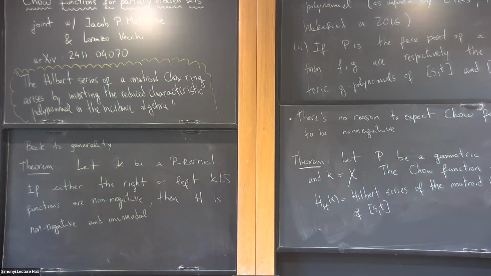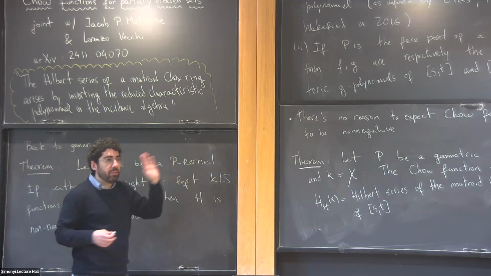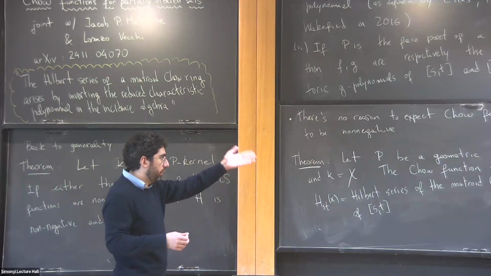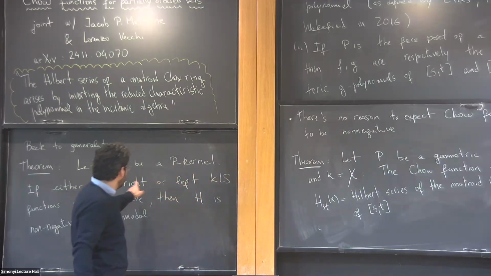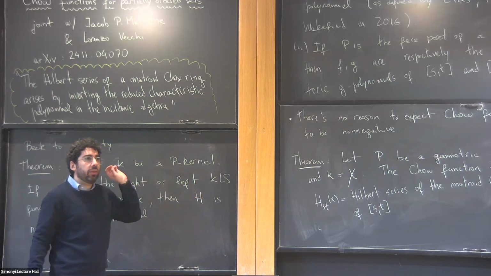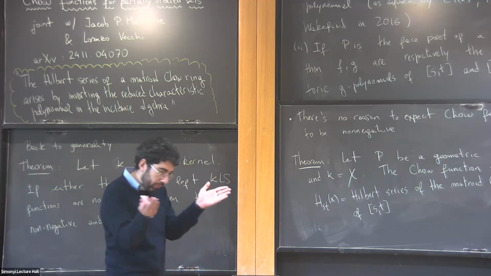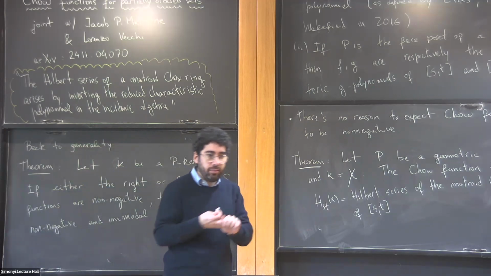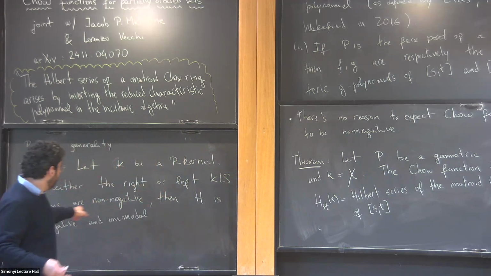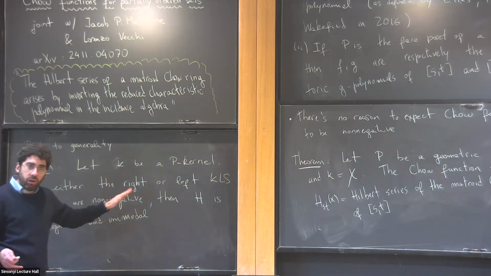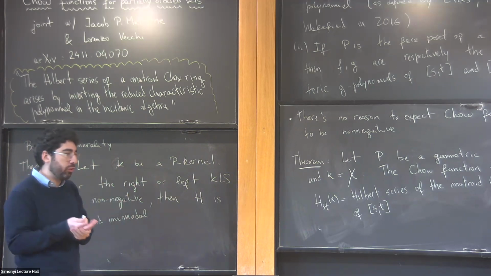So what this is saying is that, take any example of a kernel, for instance, the three that I showed you before. If either the left or the right Kazhdan-Lusztig-Stanley function has non-negative coefficients, then the Chow function will have non-negative and unimodal coefficients.